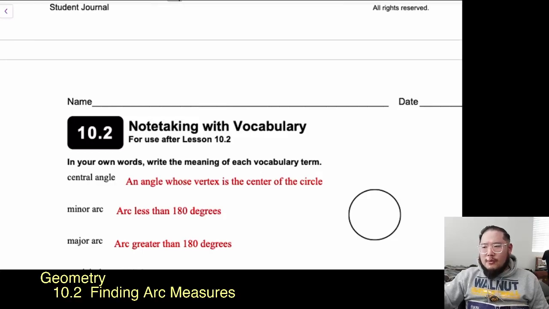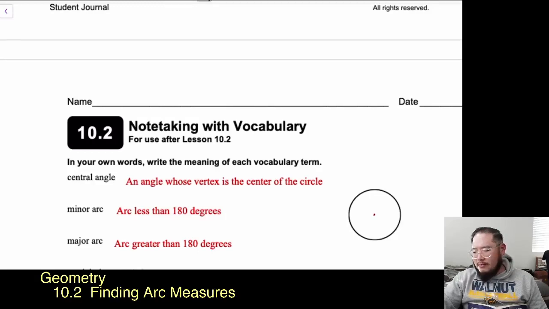So the first term that we have right here is that of a central angle. That's an angle whose vertex is at the center of a circle. So I've got a circle, and I'm going to draw a dot right at the middle, and I want to draw two rays.